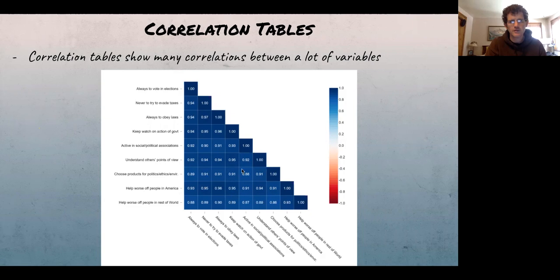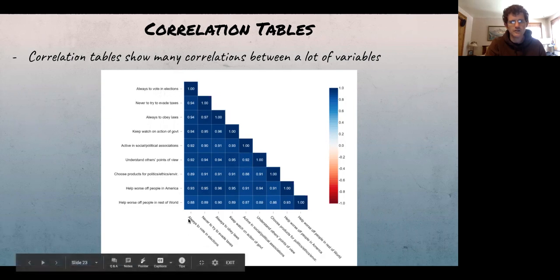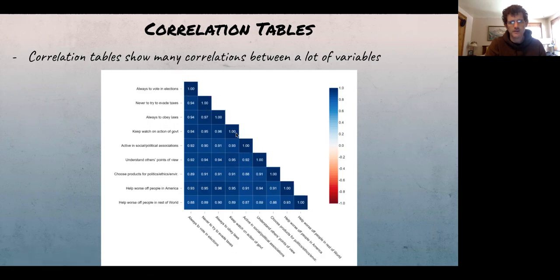We have this matrix of correlation happening. And these colors represent the highest correlation. All of them are pretty high. None of them get low, but it could go down to -1. Of course, if you notice, always to vote in elections is going to correlate perfectly with itself, so you're going to see a 1.0 along this diagonal.